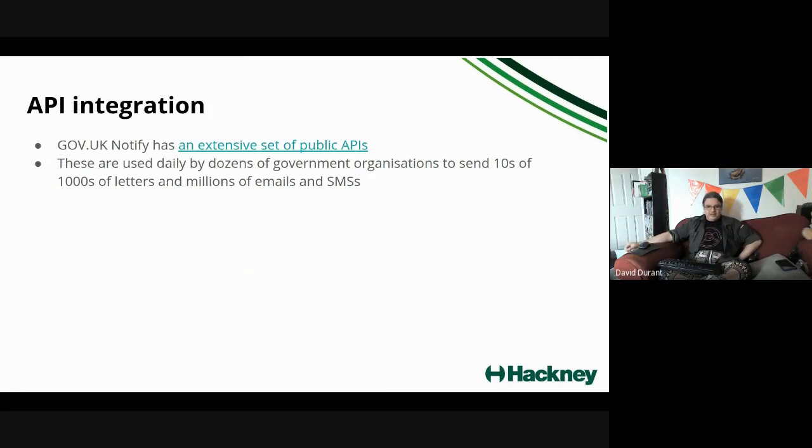And the GovUK Notify system has a really good extensive set of public APIs that are used by dozens of government organisations, and we'll get a little bit later on to the volume of letters and emails and SMSs that are sent every day.